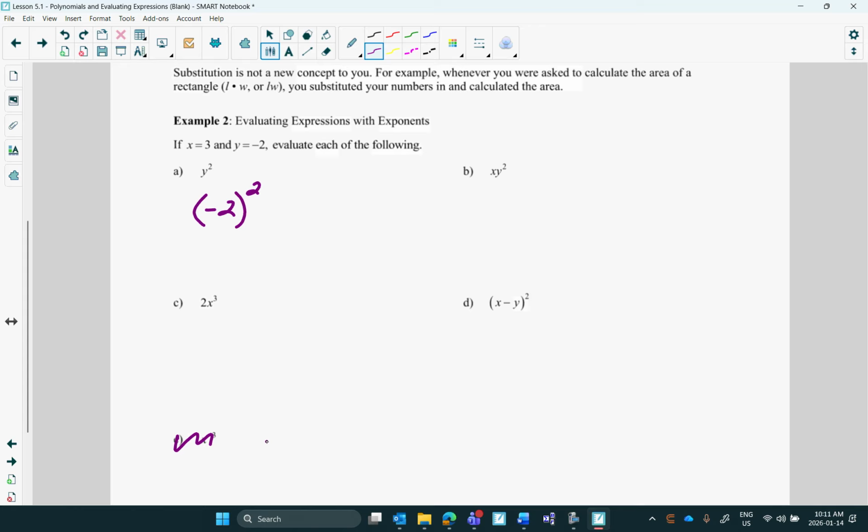Don't succumb to peer pressure, Ava. Yep, it's 4 because it's in brackets. Remember, this means -2 times -2, which is 4. I told you.